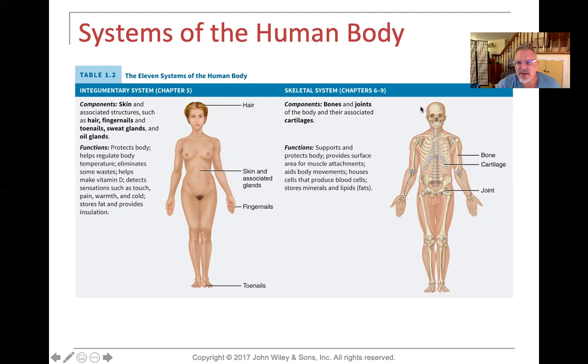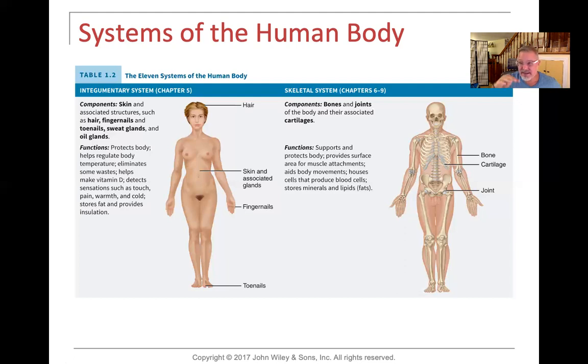Now, going back for a second, the integumentary system is going to be the first system we get into. So after we do the chemistry, and then we get into cells, and we do tissues, the integument is the first system we'll get into because it's made up of all four types of tissues.